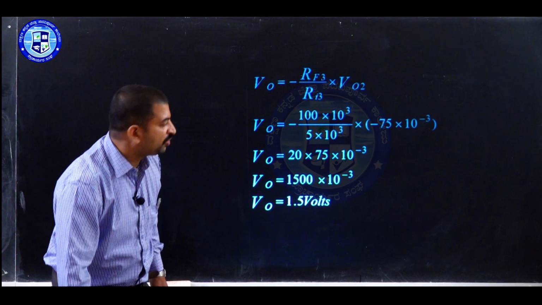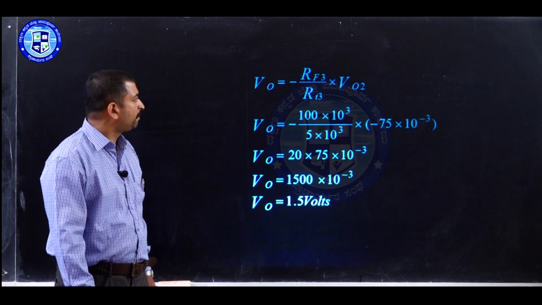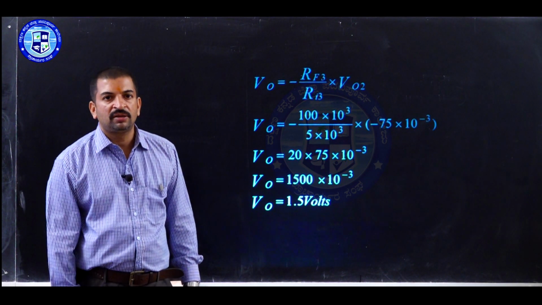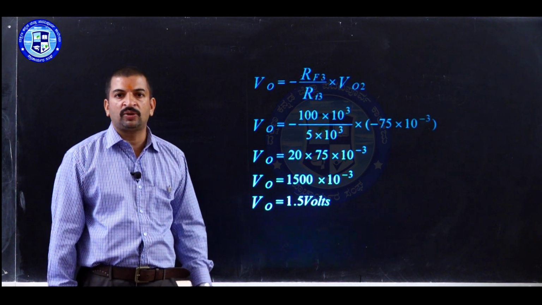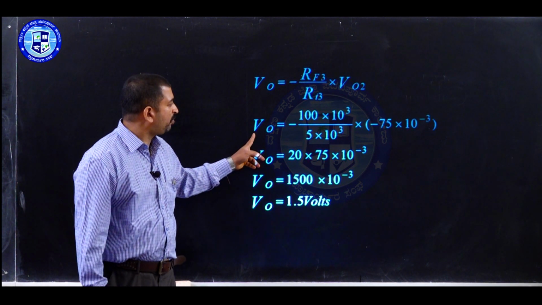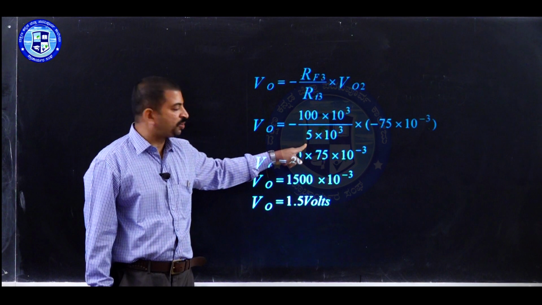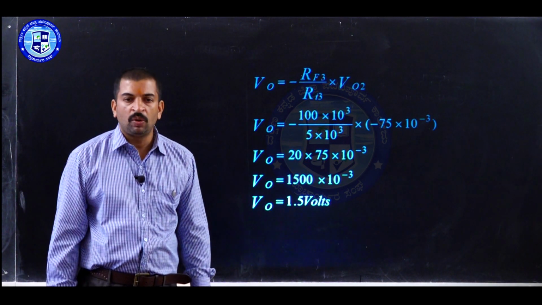The third circuit is the op-amp inverting amplifier. Its output voltage is given by the formula minus Rf by Ri into VO2, where VO2 is the output voltage of the second circuit. So, VO equals minus 100K by 5K into minus 75 millivolts. So, the output voltage is equal to 1.5 volts.